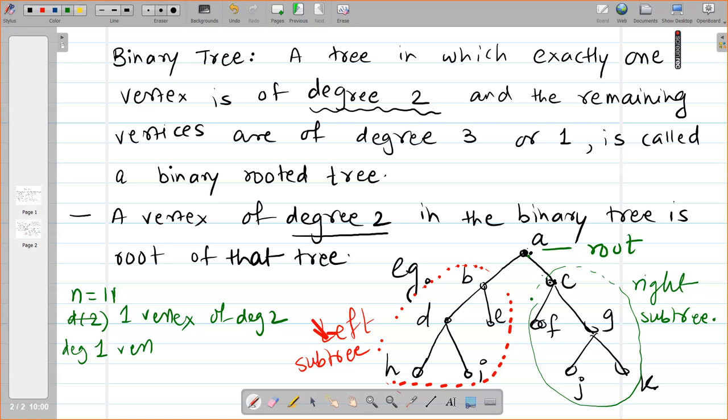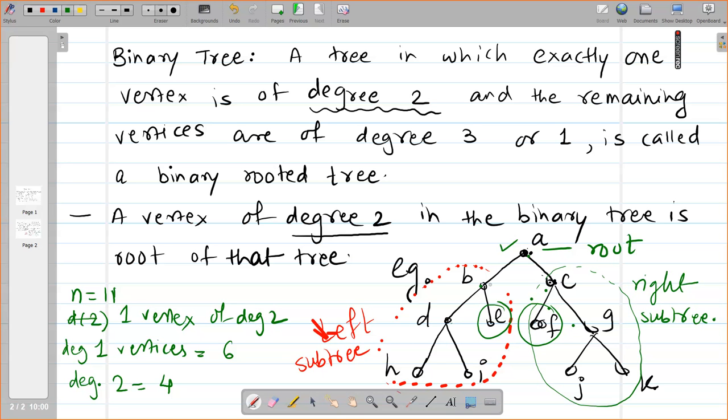E is also there, F is also there. 1, 2, 3, 4, 5, 6. And how many vertices of degree 3 will there be? 4. B, C, D and G. 4, okay? So there is 1 vertex of degree 2.